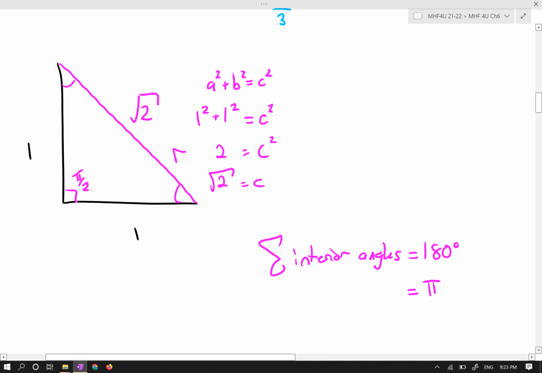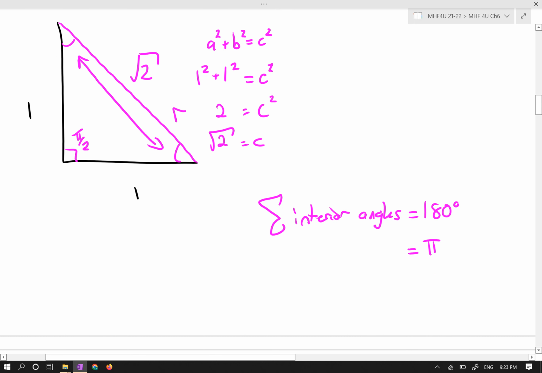So if this is a pi over 2 angle, and these two interior angles are equivalent, the same, then we can come up with it here. The sum of interior angles has to add up to pi, and we know one of these angles is pi over 2. So we can call them angle A and angle B. A plus B plus pi over 2 is equal to pi.